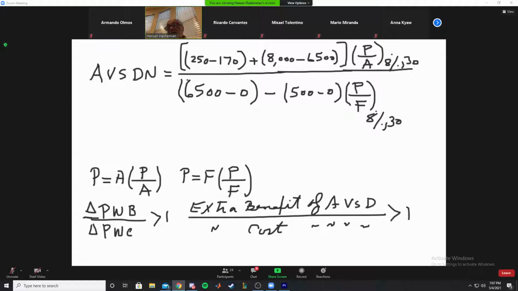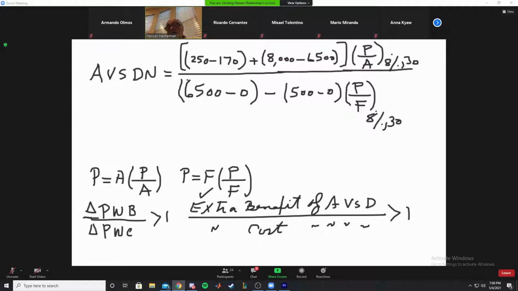If that's greater than 1, we like that extra benefit because it's worth it. The extra cost is less than that, so it's worth it. So I go with the one with the higher benefit.